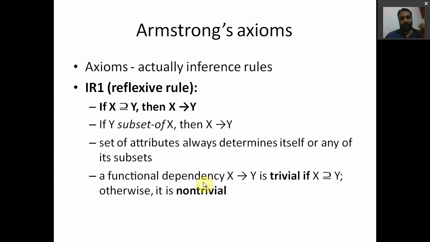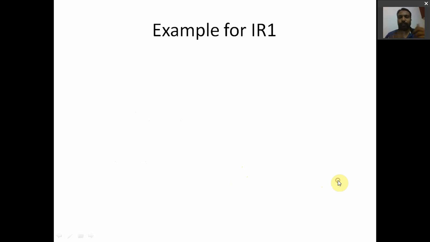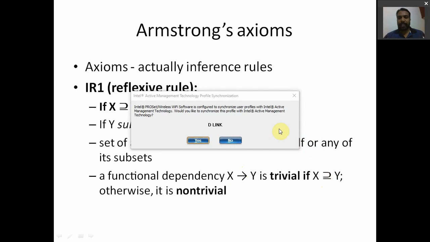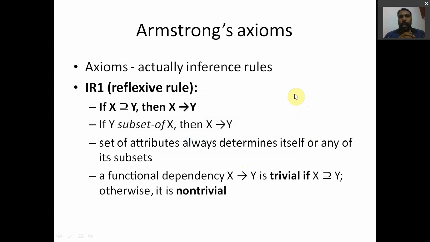So another thing to note, a functional dependency x to y is trivial. What do you mean by this trivial functional dependency? A functional dependency x to y is trivial if x is a superset of y. If you have gone through the text, the general definition of third normal form mentions that for every non-trivial functional dependency x to a, either x is a super key or a is a prime attribute.